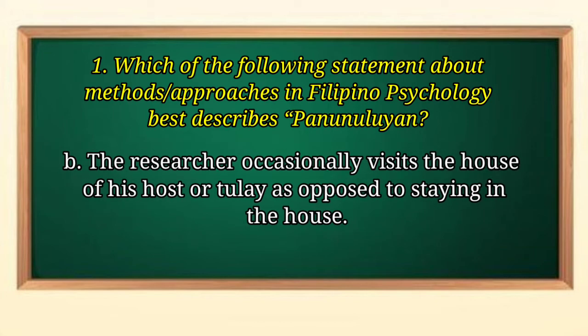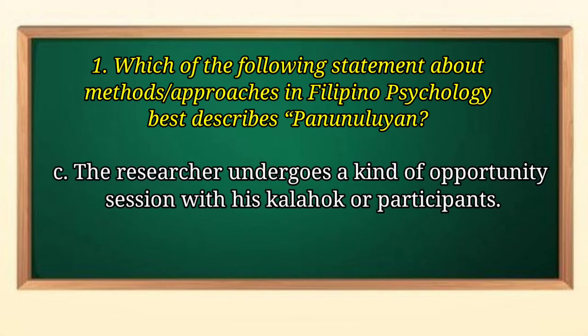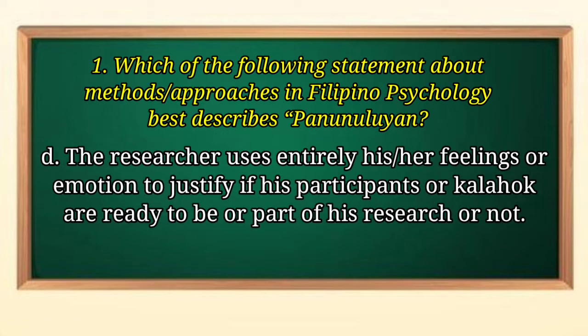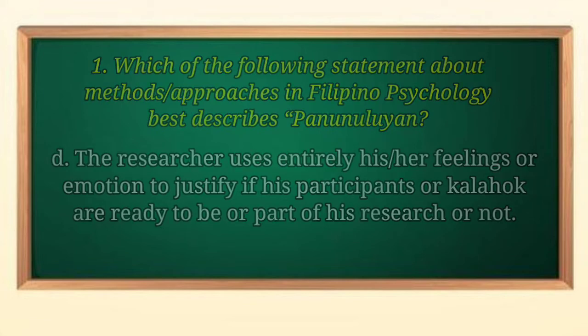Letter B. The researcher occasionally visits the house of his host or tulay as opposed to staying in the house. Letter C. The researcher undergoes a kind of opportunity session with his kalahok or participants. And letter D. The researcher uses entirely his or her feelings or emotion to justify if his participants or kalahok are ready to be part of his research or not.